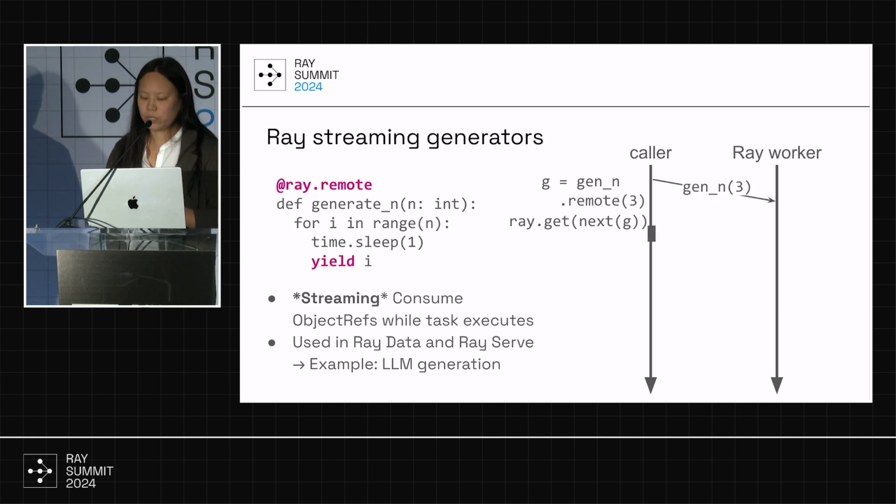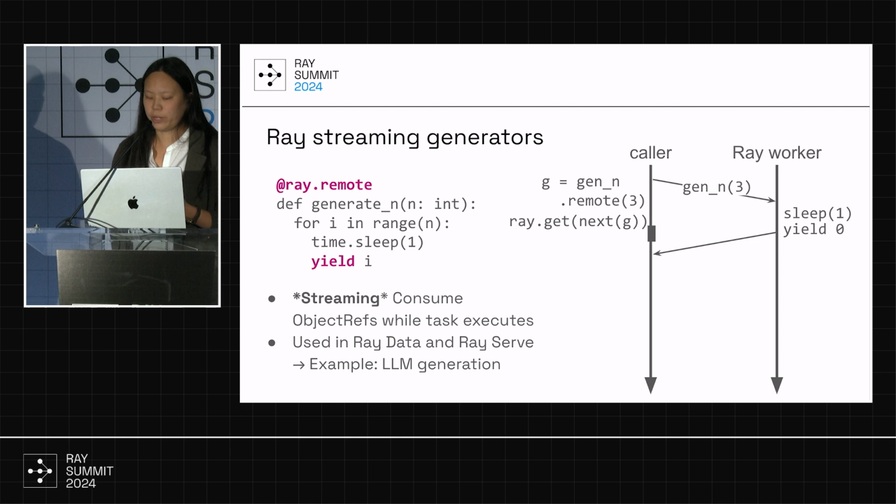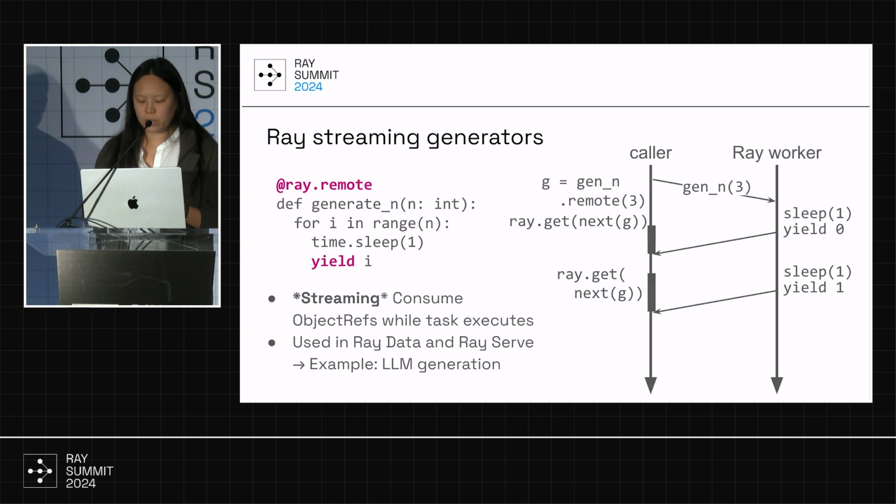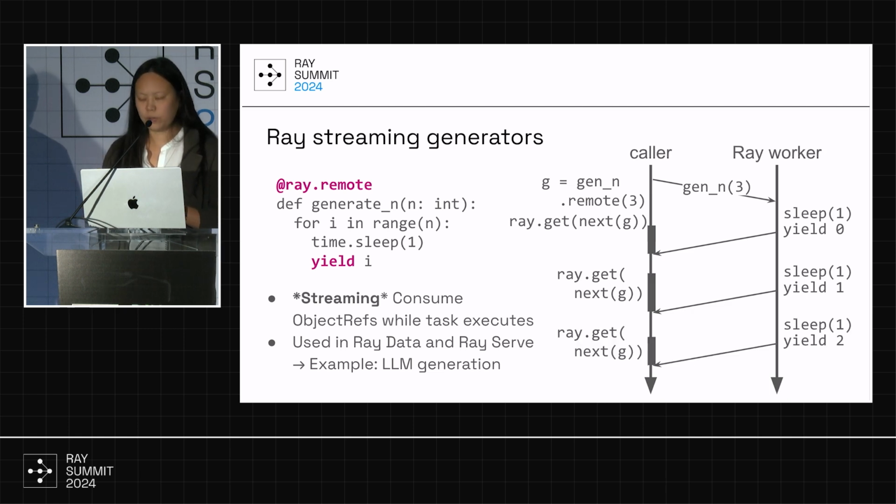On the worker side, we'll start executing this task asynchronously. Once this yields the first result, we can now unblock the caller. The caller can then do the same thing to get the next reference. This will execute in parallel with the worker, and so on. In this way, you can put some work on the caller, and that will overlap with the Ray worker execution.